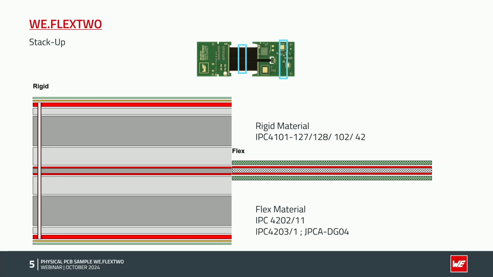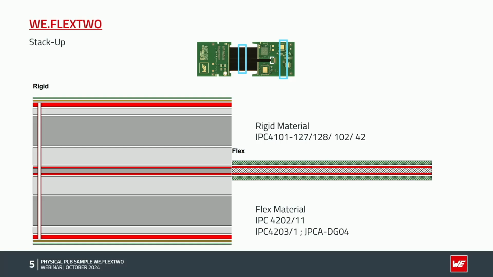For the coverlay, on the flex part and in the overlap to the rigid part, we use material looking at IPC 4203-1 and IPC DG04. And we use the material only in the flexible area and a small zone of overlap in the rigid transition.